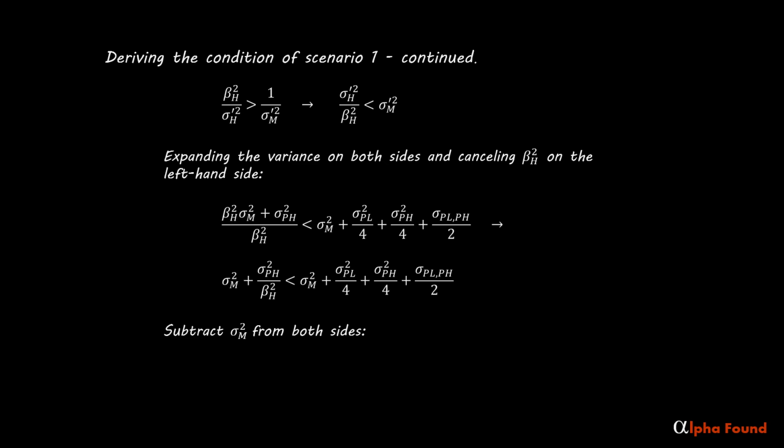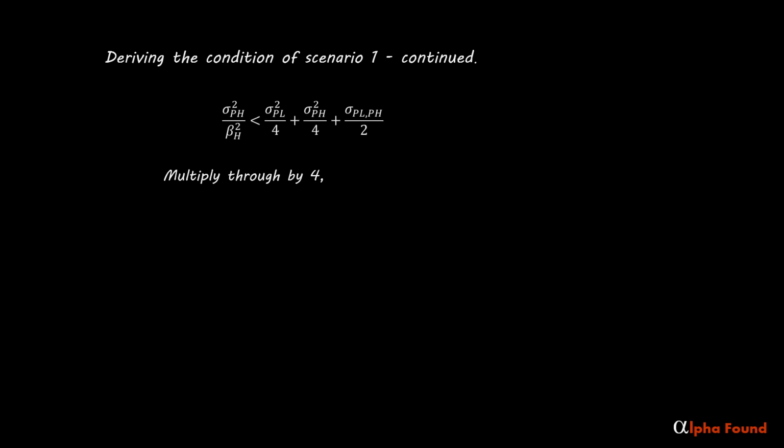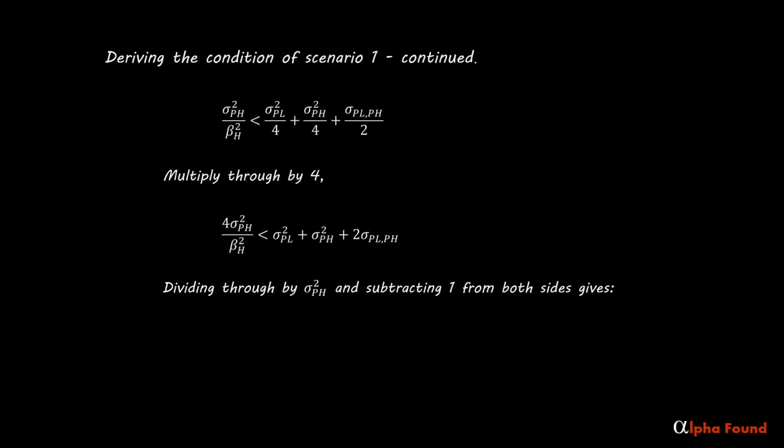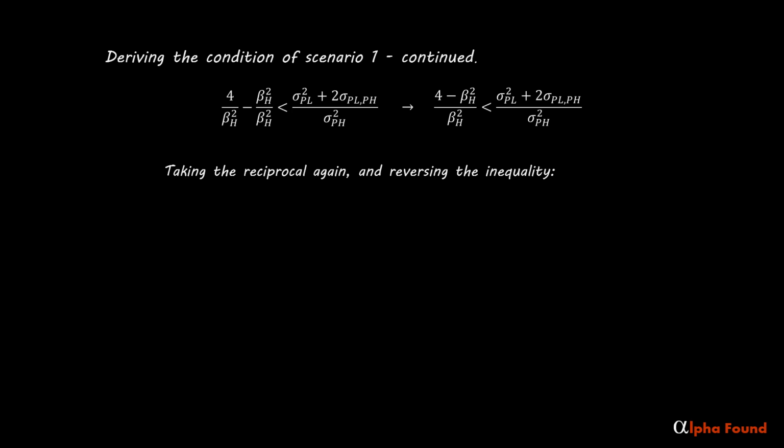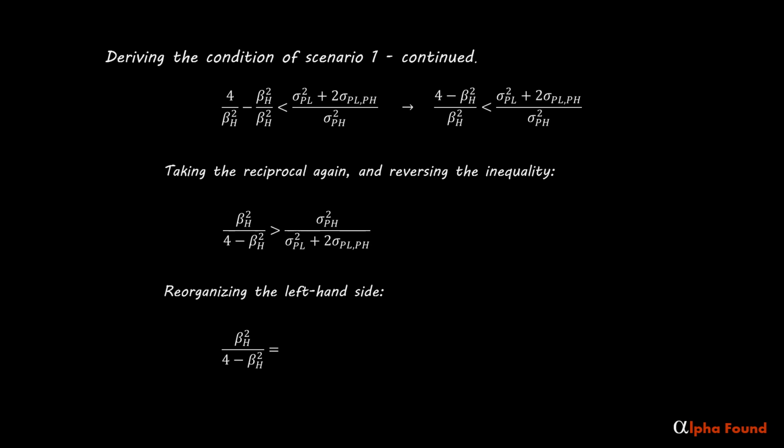subtracting ideal market variance from both sides, and multiplying through by 4, dividing through by perturbation risk of the high CAPM beta portfolio and subtracting 1 from both sides gives this. Finally, taking the reciprocal again and reversing the inequality, I want to reorganize the left-hand side for reasons that are not obvious.